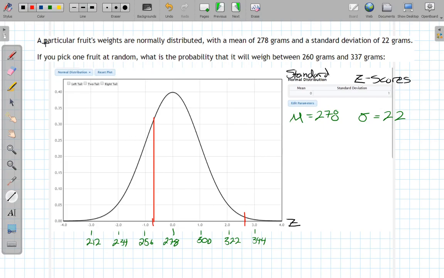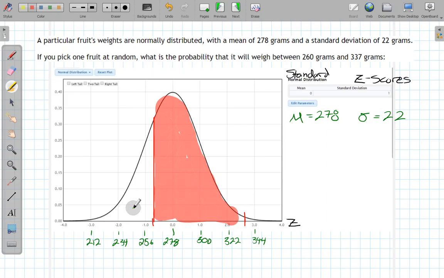And we're trying to say what percent of the fruit lives in this range right here. So of this graph, I'm concerned about this shaded region. And notice I'm missing a little bit to the left. That's not shaded. I'm missing a little bit to the right over here. So I'm estimating, based on the empirical rule, that's around 75%.